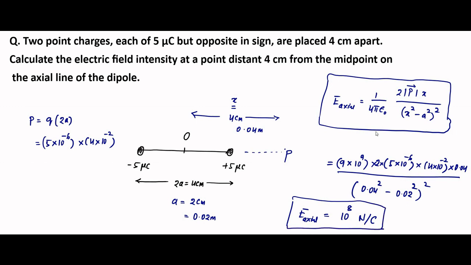So again, the important thing is to remember the formulas of electric field intensity and all the other parameters. I have derived the expression for electric field intensity for an electric dipole along the axial line, so please check the video in the electricity and magnetism playlist.